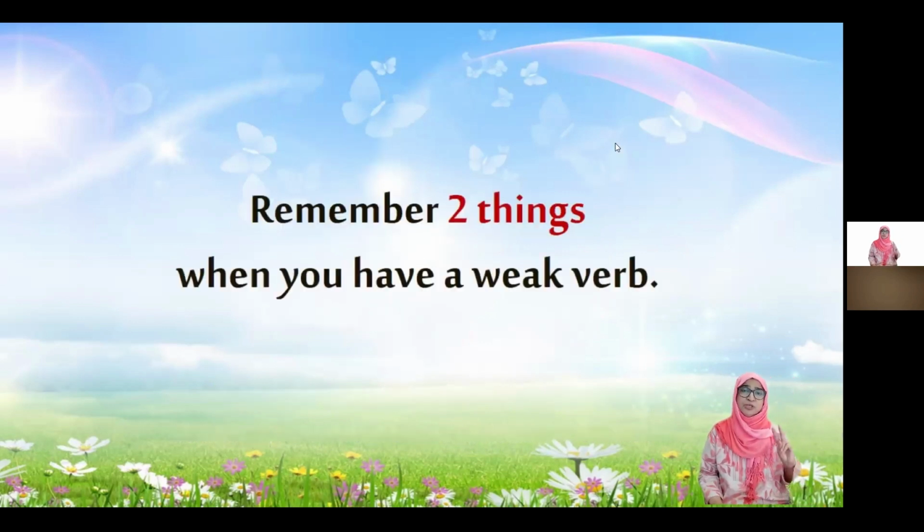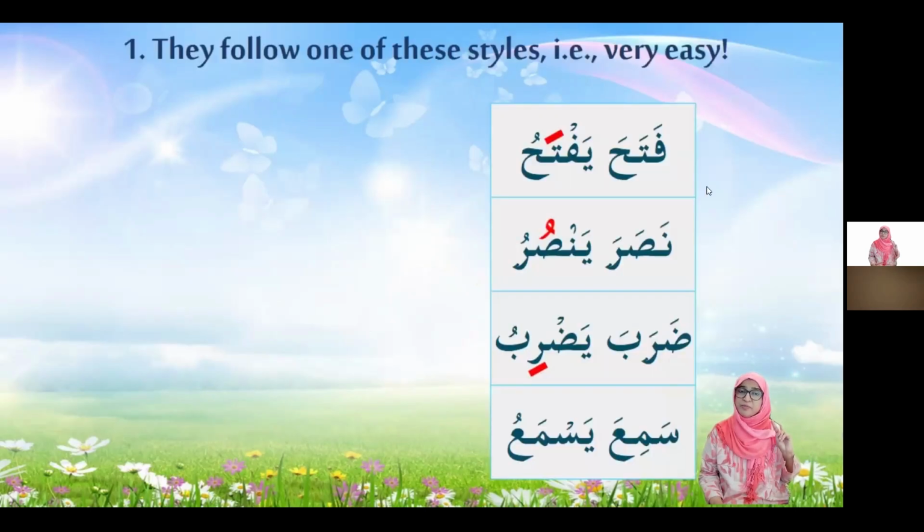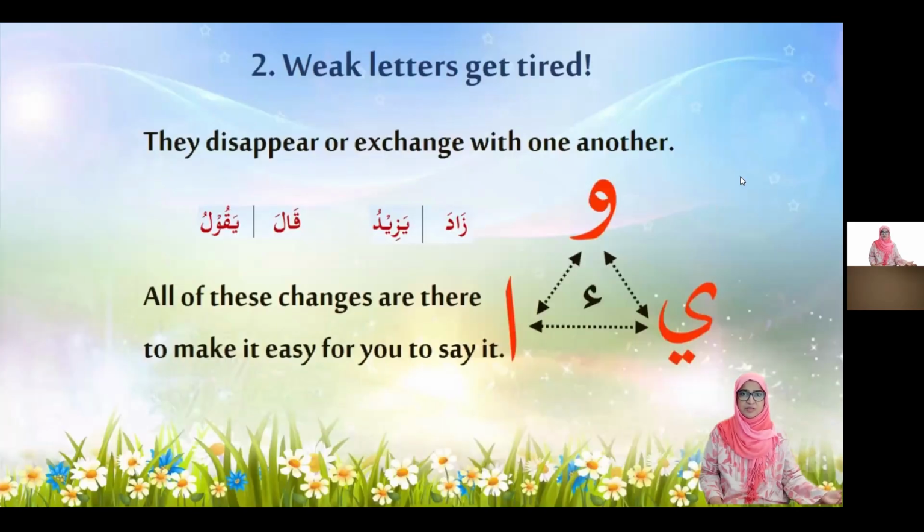And then there are two things you have to remember when we have a weak verb. What were the two things? One is they follow one of these styles, which is so easy. We already know this: Fataha, Nasara, Daraba, Samia. They follow one of these styles. We have done all this. And the second one is weak letters get tired. They disappear or they exchange with one another.